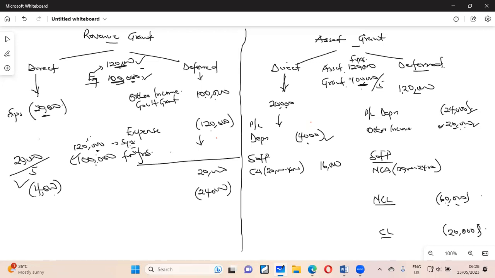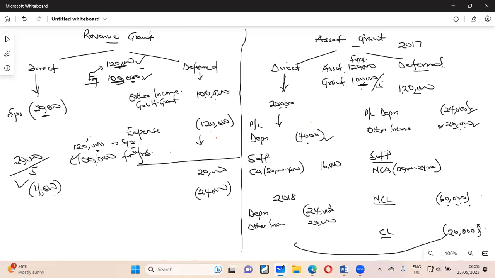All right. So let's say this year is 2017, which you have done this treatment. When you come to 2018, this one will be gone. But we know that depreciation every year will be 24,000 because of the useful life. So you do 24,000 again. Then you release this one now into other income of 20,000.